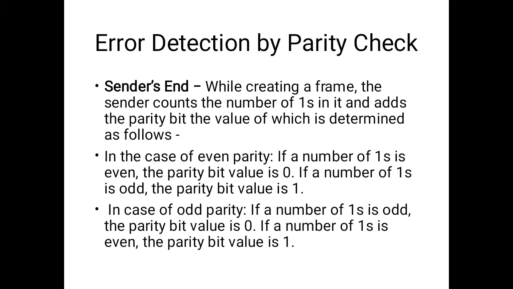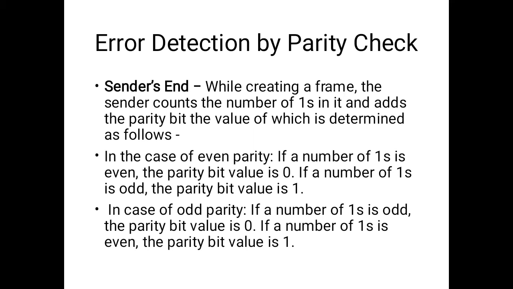Error detection by parity check. This is a paragraph describing the sender's end. Okay. That means the transmitter end. While carrying a frame, which is nothing but a data frame containing your 8 bits of data, in which 7 bits are code bits and 1 is parity bit. Okay.